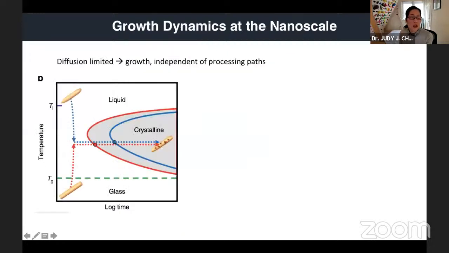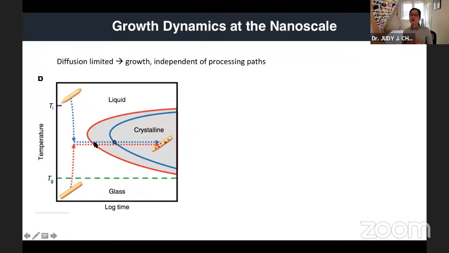Okay, so far we looked at the nucleation part, but not the growth part. So the last example I want to show you is the growth part. So here, what we're doing is that we go to the growth temperature as quickly as possible, either from the liquid side or from the glass side, and we stay at this temperature.